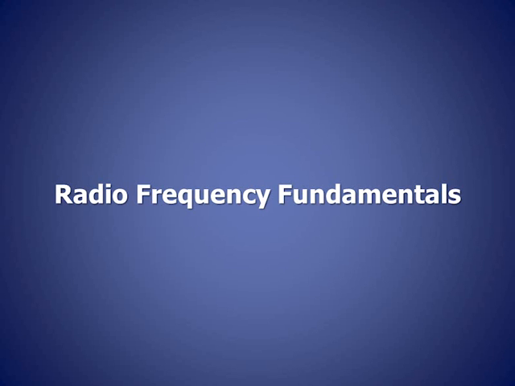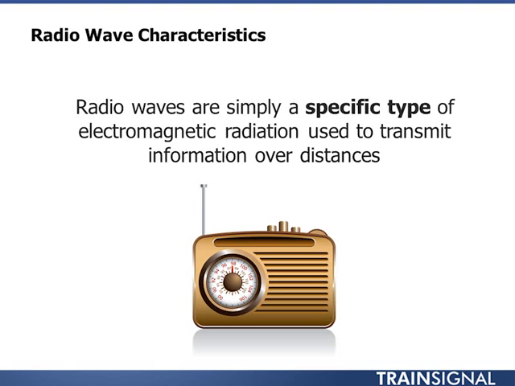So let's now focus in on the radio frequency fundamentals, and we're going to start using the terms that we use when we describe radio waves within the wireless LAN environment. Radio waves are in a specific area of the spectrum band, and we're going to use those radio waves to send our information over the air.